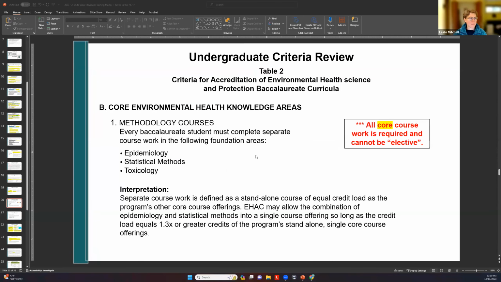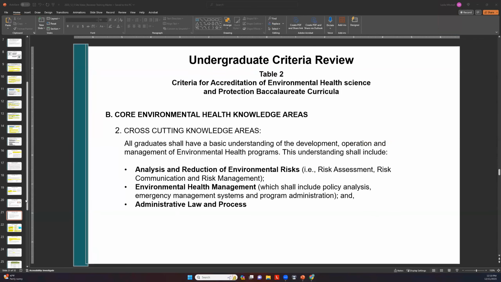You ready? Yep. Next. And so cross-cutting areas, we see these listed here. All graduates shall have a basic understanding of the development, operation, and management of environmental health programs. The understanding shall include analysis and reduction of environmental risk, environmental health management, and administrative law.